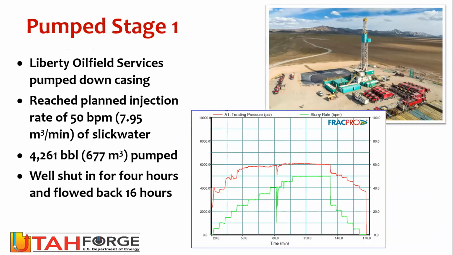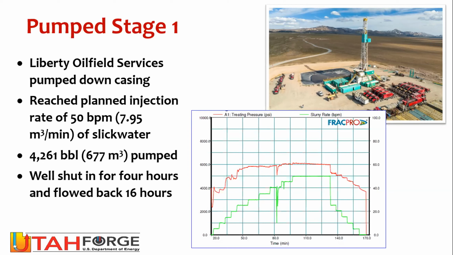we pumped the first stage. All the frac work was done by Liberty, and we pumped down casing into the open hole section, about 200 feet of open hole. As you can see from the plot here, we have surface pressure marked in red and rate marked in green.